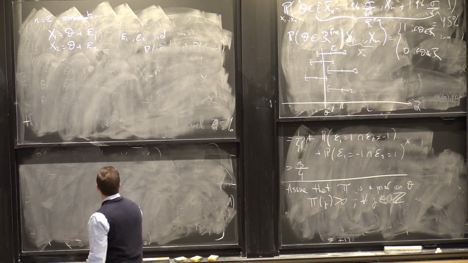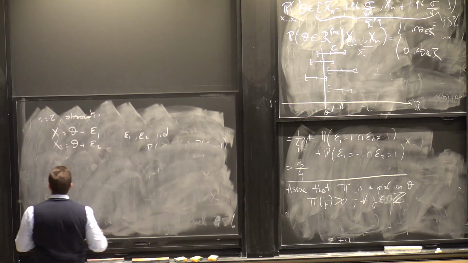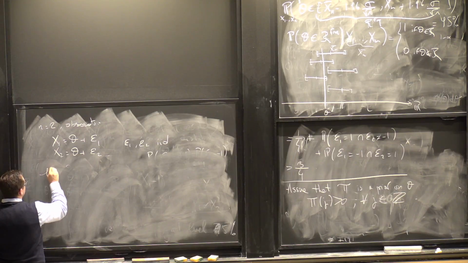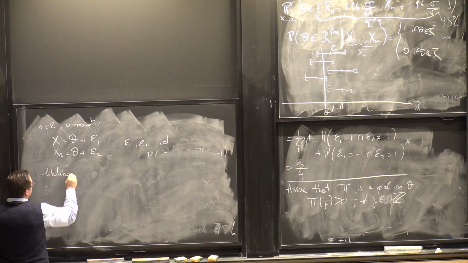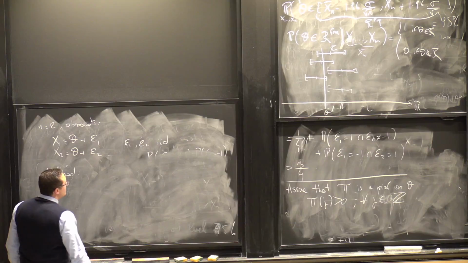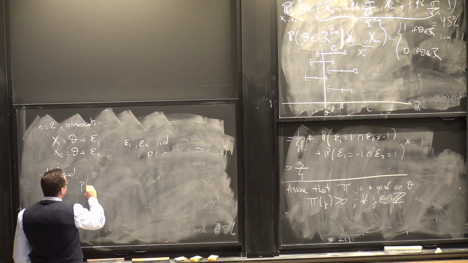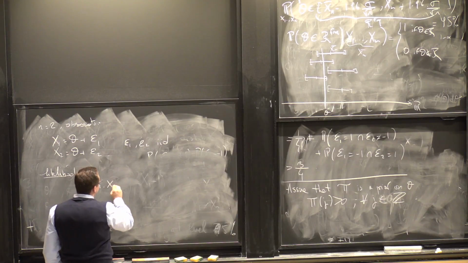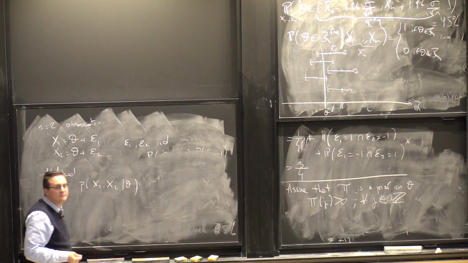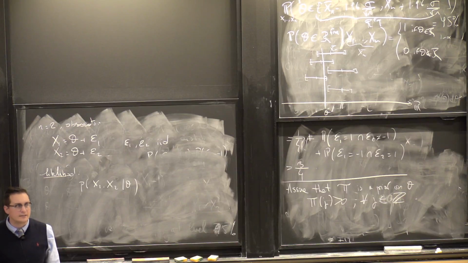So what is my likelihood? My likelihood is the probability of x1, x2 given theta. That's what the likelihood should be.